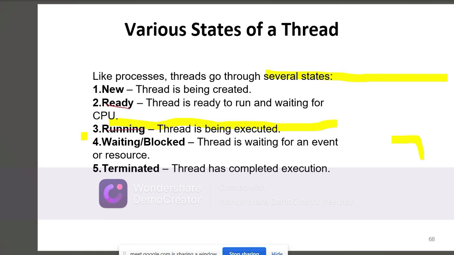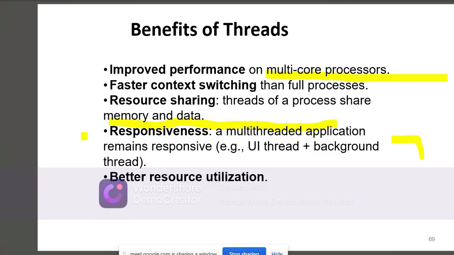Next is running. When the thread has started execution, we can say the thread is being executed. Next is waiting or blocked. When the thread is waiting for an event or a resource, it goes into a waiting or blocked state. When the thread completes its execution, we can say it is terminated or in the exit state.